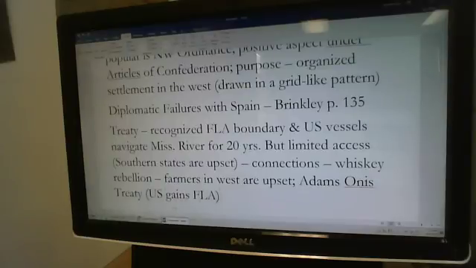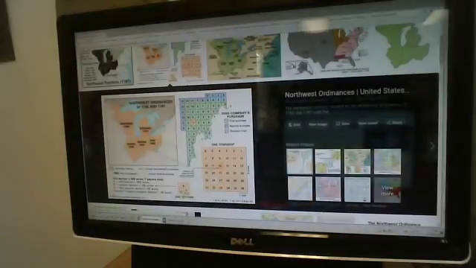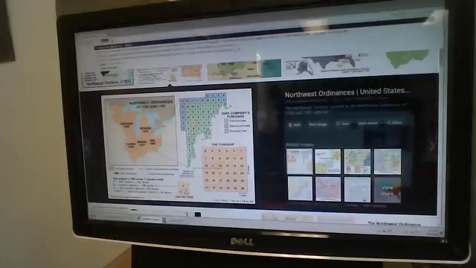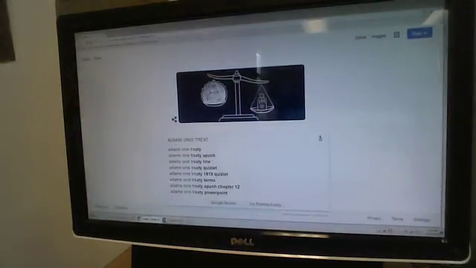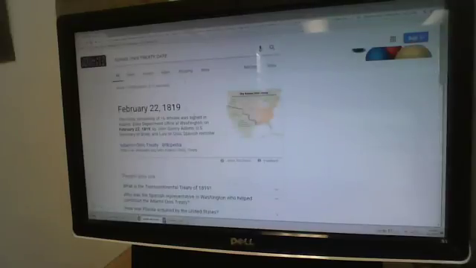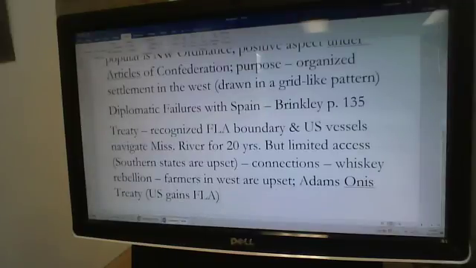You can make that as a treaty too, and let me double check the year. I thought it was 1820, sorry, it's 1819. Okay, so there's some of that. It's not really necessarily a diplomatic failure, but not everybody's happy about it. Okay. What else?